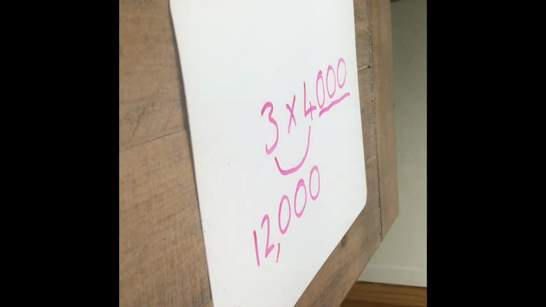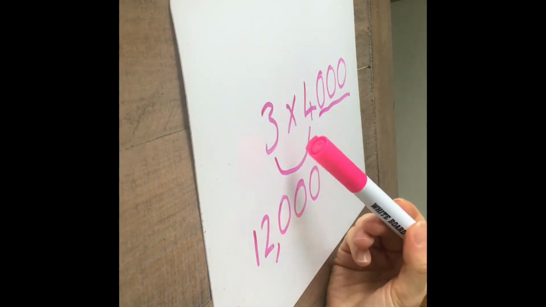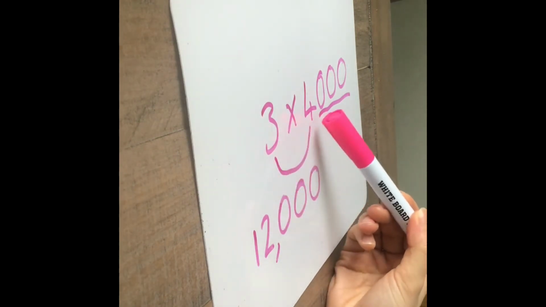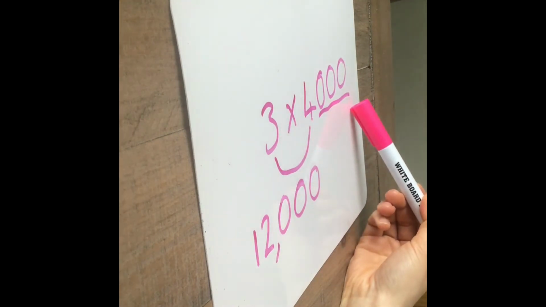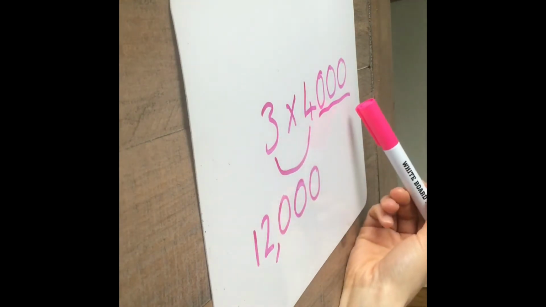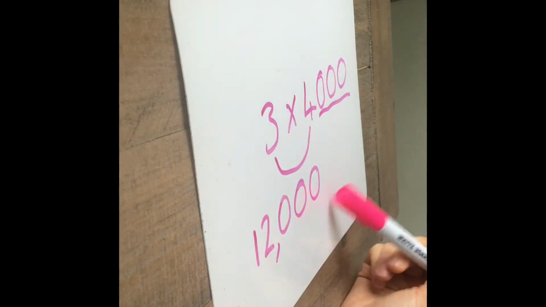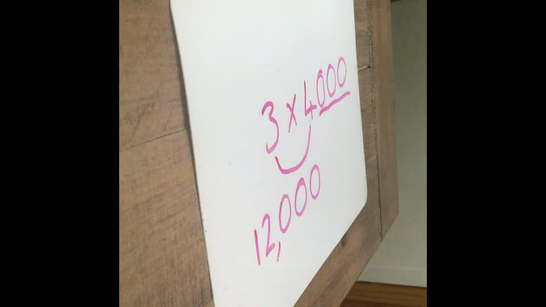So it's a really simple way to just work it out. But you've got to remember the reason it is, is because we're doing 3 times 4, which is 12. But you're not multiplying it by 4, you're multiplying 4,000. So it's going to be 1,000 times 12, which is 12,000. But this is just a really quick and easy way to work it out.